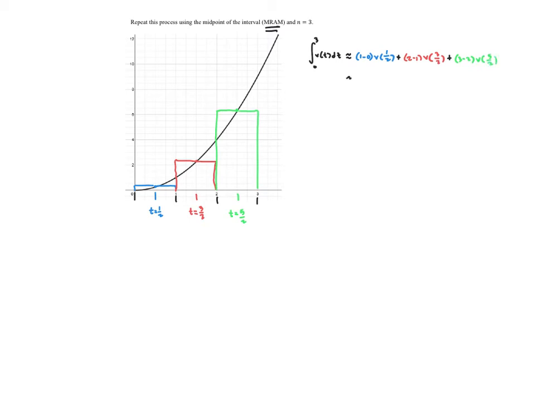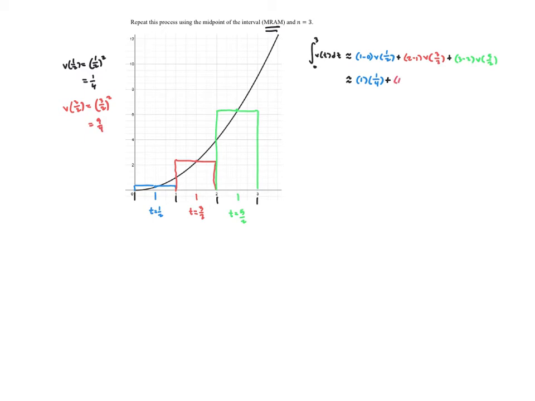Okay, let's look at these values. v of 1/2 will be 1/2 squared, which is 1/4. So we would get 1 times 1/4 plus v of 3/2, which will be 9/4, I'm going to square that.